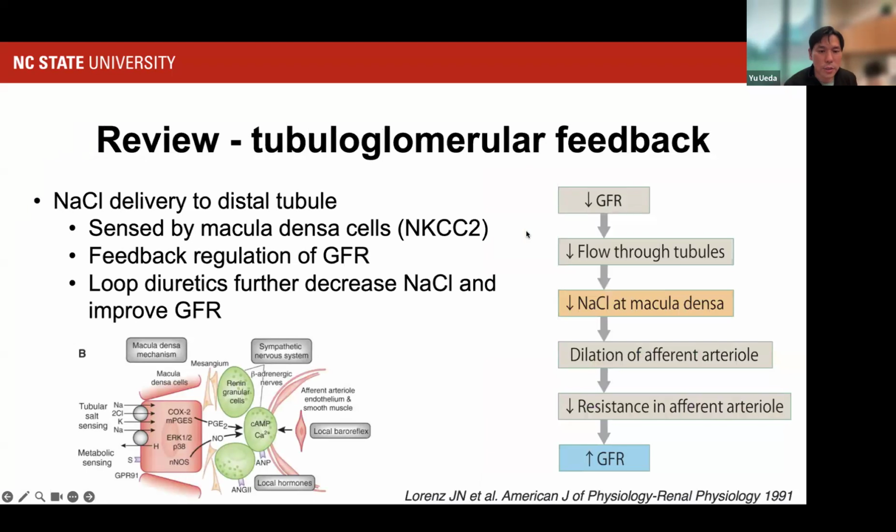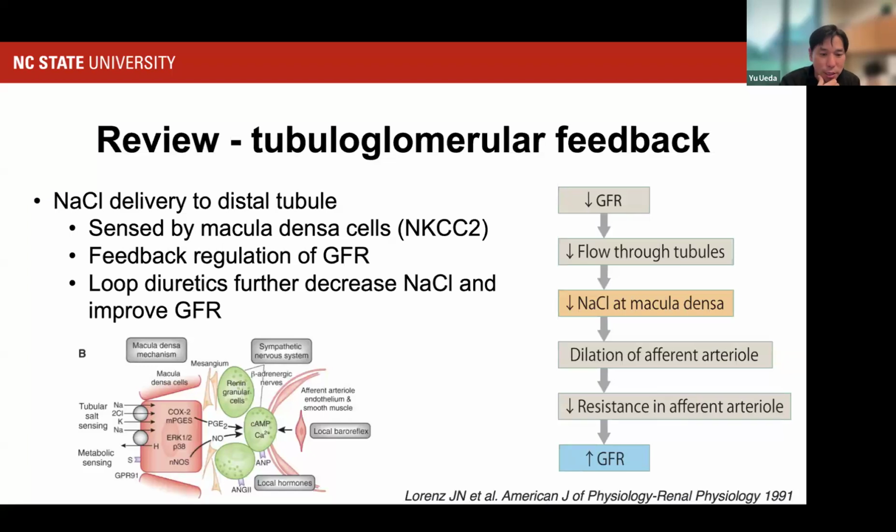Again, the tubuloglomerular feedback system is an important feedback system in the body to maintain the glomerular filtration rate. When there is a decreased GFR, for whatever reason, there is decreased flow through the tubules, and that results in decreased sodium chloride sensed by the macula densa cells at the distal tubule.